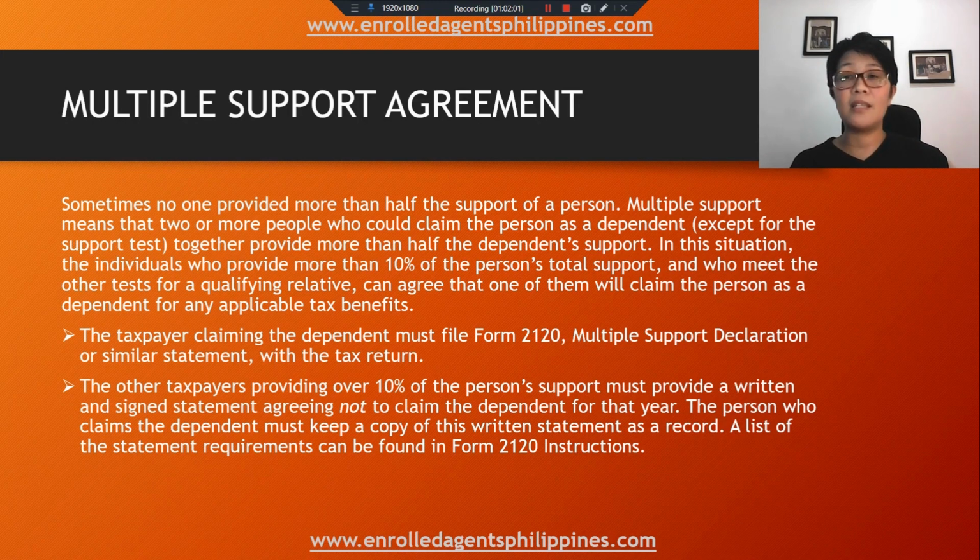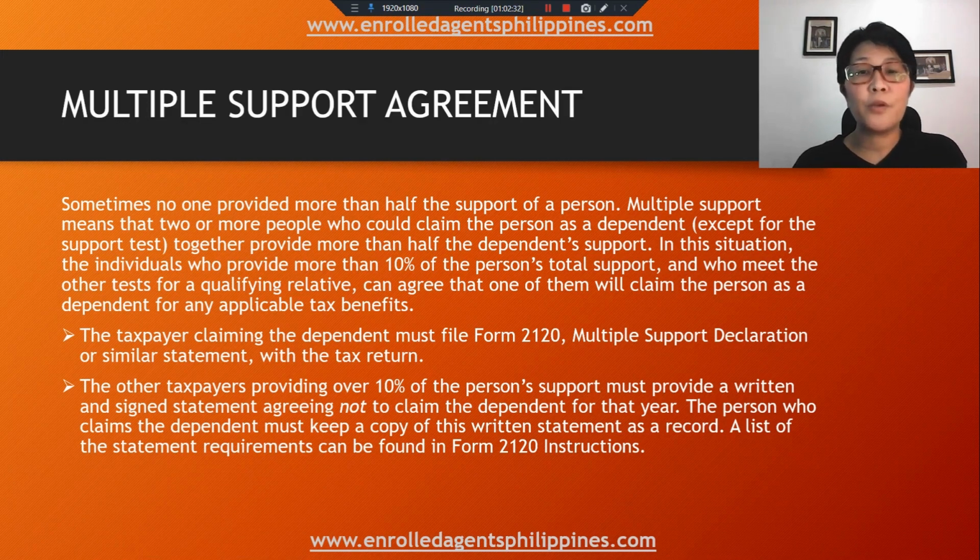Hindi pwedeng sinabi lang ni client. Sometimes kailangan ma-establish natin na yes, sinusuportahan ko to. Kasi lalo na sa mga magki-claim ng mga credits, guys. Sa ibang topic idi-discuss natin, meron yung due diligence checklist ng preparer pag may mga credits, and kailangan talagang mag-perform tayo ng due diligence. Hindi lang basta nasabi ng client.